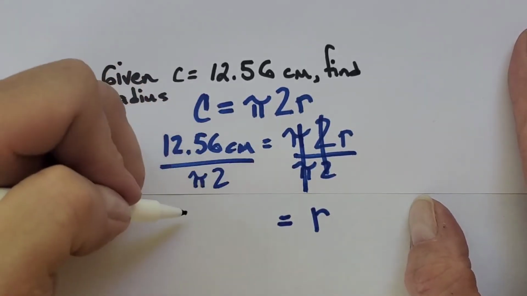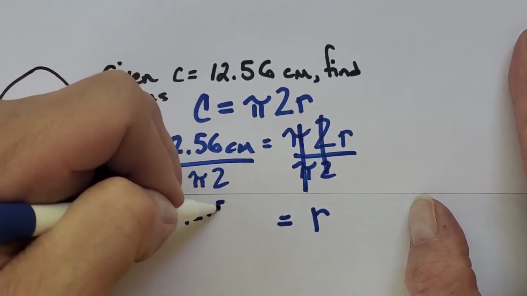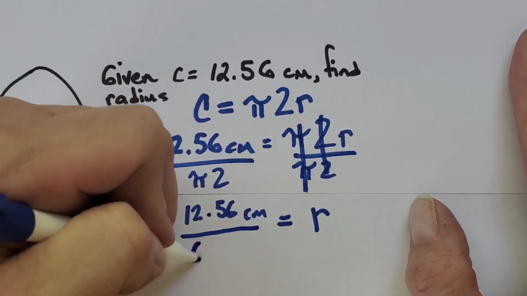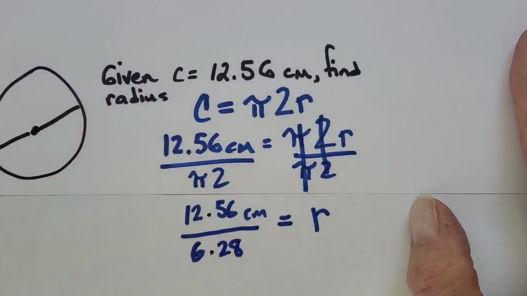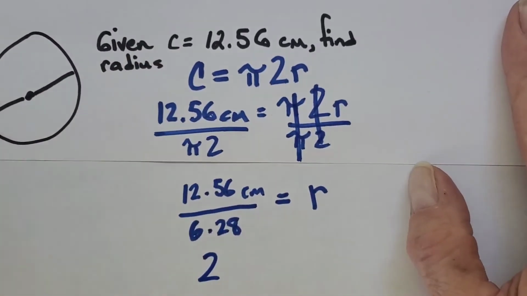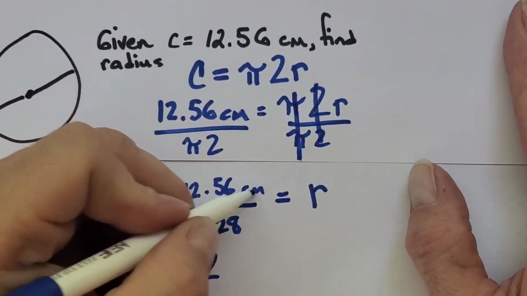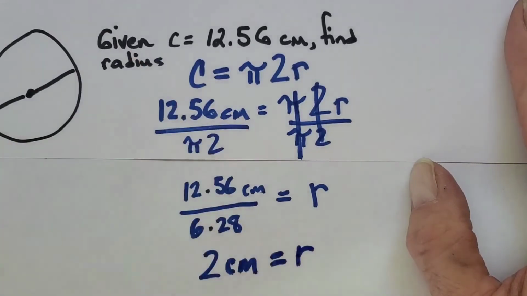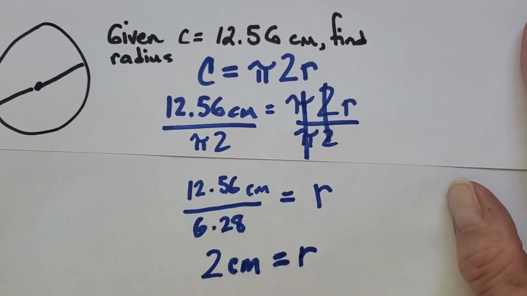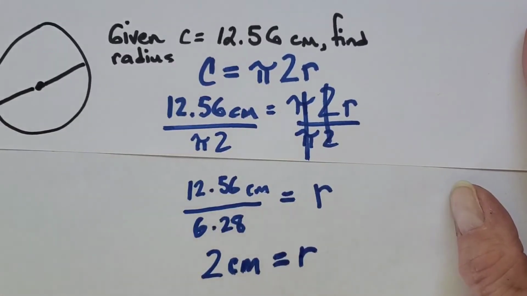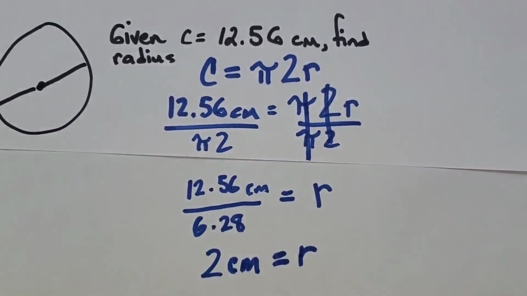And then over here, you just have a calculation to do. 12.56 centimeters divided by 2 pi, which is 6.28. If you look at it, that comes in handy. It's exactly 2. 2 what? 2 centimeters for the radius. So, for a circle given the circumference 12.56 centimeters, its radius is 2 centimeters.